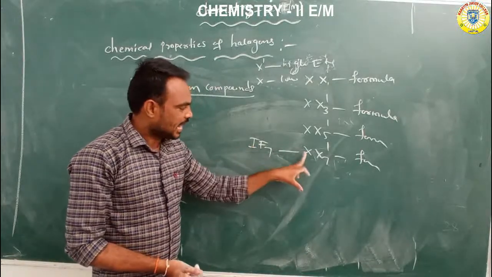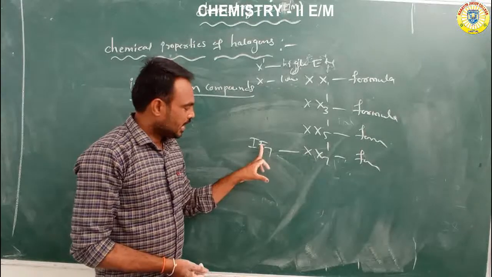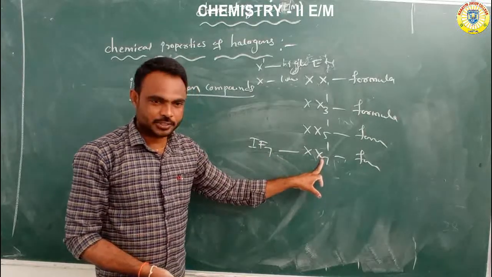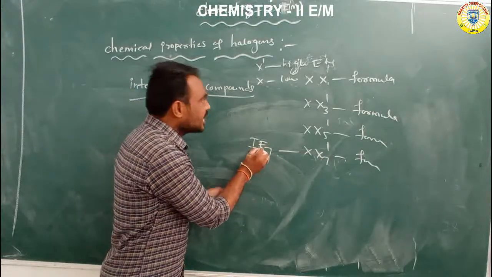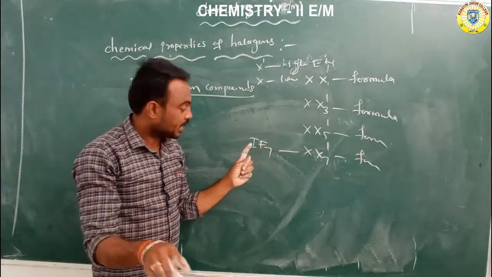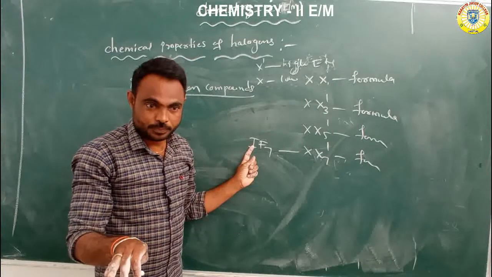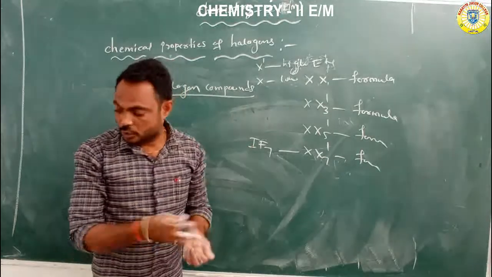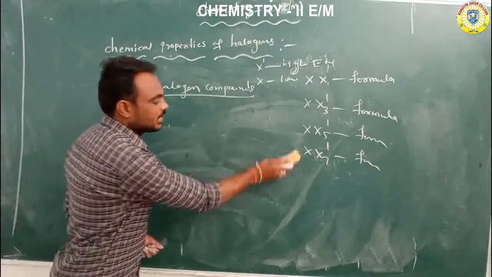Overall, I is the X, F is the X'. So X' is the high electronegativity. Fluorine is high electronegativity, but iodine very low. Do you understand?